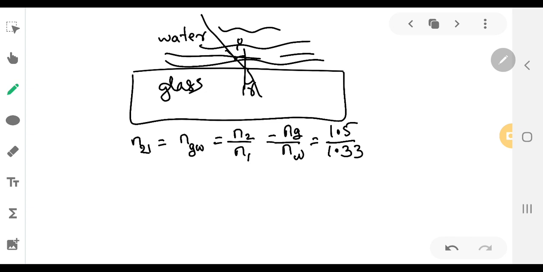When you get the ratio 1.5 divided by 1.33, you are going to get the value 1.127. So N2 by N1 is also nothing but V1 by V2. The ratio will be greater than 1 when the numerator is greater than the denominator. So in this case we can write V1 is greater than V2. So the velocity of light in the first medium, water, is greater than in the glass medium.